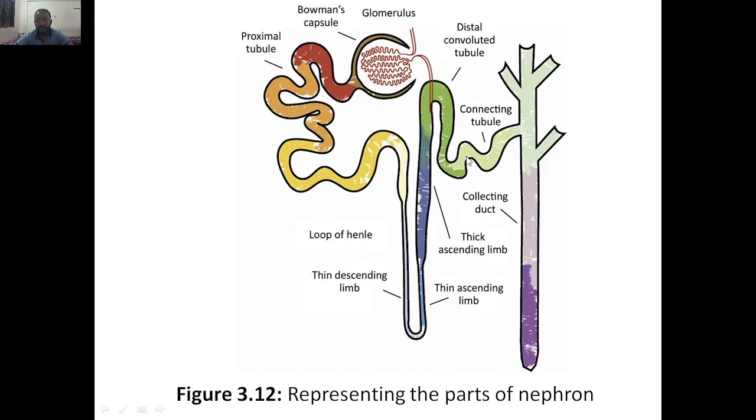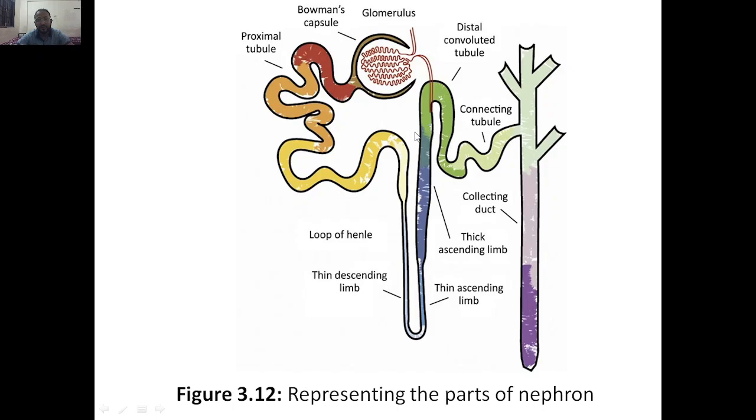The waste is given to the connecting tubule so that it goes out, and the filtered blood goes to the thick ascending limb, then the thin ascending limb, then the thin descending limb, and then the loop of Henle, okay.